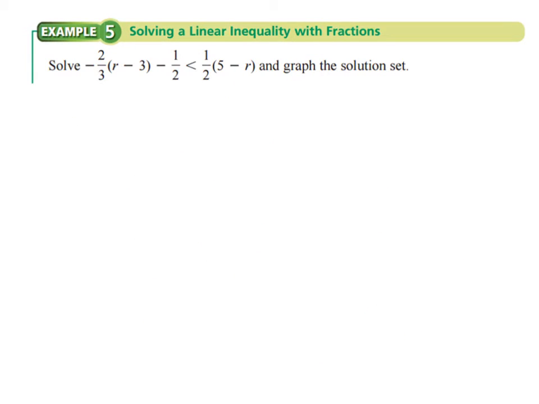Here we've got fractions to deal with, so again, one way we can do that is we can get rid of the fractions. The LCD of 2 and 3 is 6. So that LCD is 6. So I really want to multiply both sides of the inequality by 6.